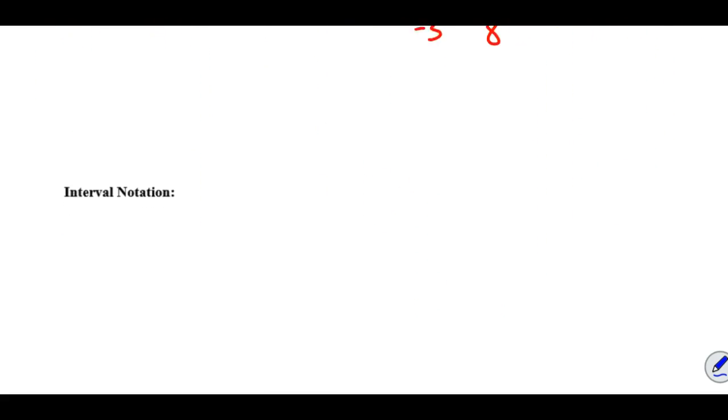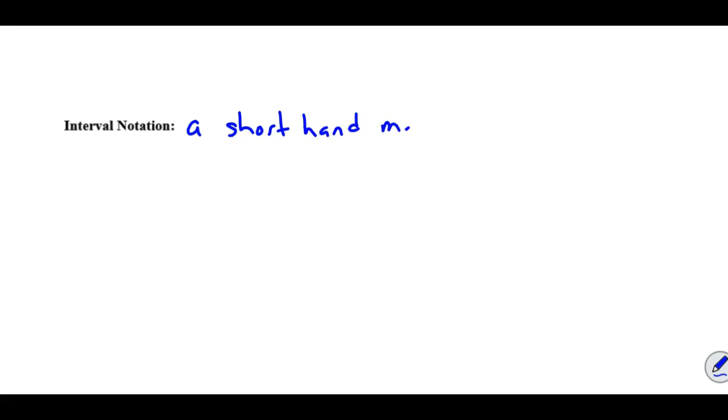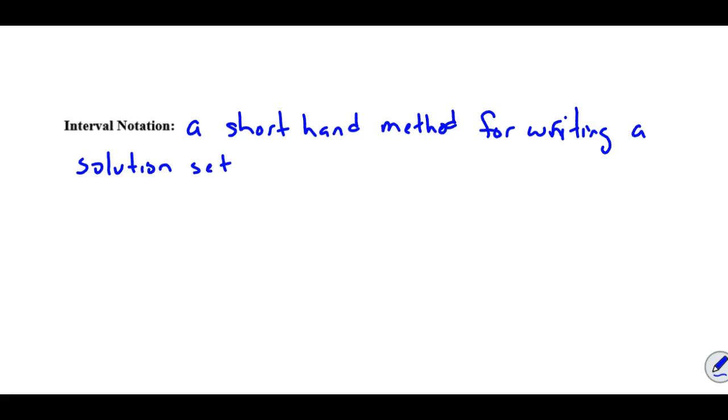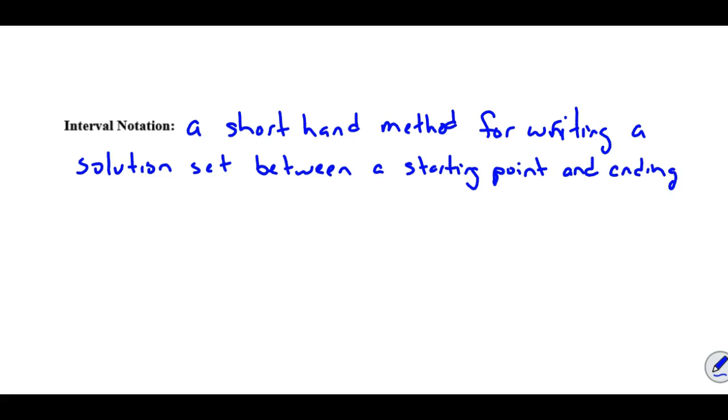The last thing we're going to talk about here is called interval notation. An interval notation is just a shorthand method for writing a solution set between a starting point and ending point.